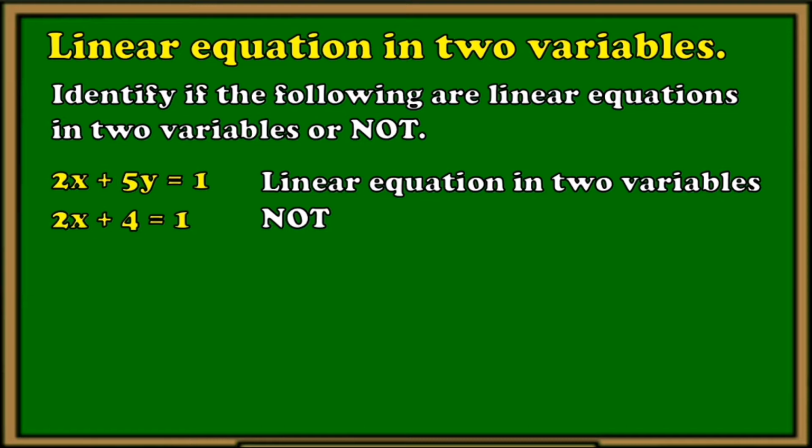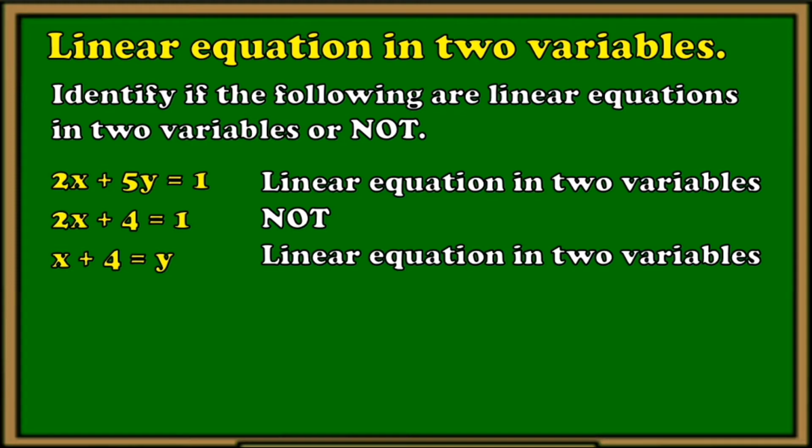Another example, x plus 4 is equal to y. X plus 4 is equal to y has two variables, x and y, and a constant. And the exponent of the variables is 1. So meaning x plus 4 is equal to y is a linear equation in two variables.